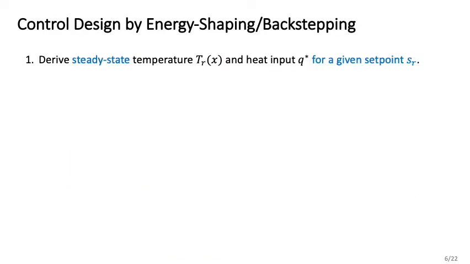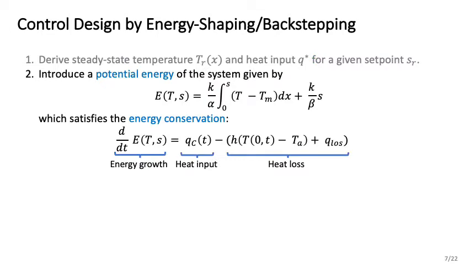We approach this problem by the method of energy shaping and backstepping. First, we derive a steady-state temperature profile and the heat input for a given set point position SR analytically. Then we introduce the potential energy of the system given by this formulation from a physics perspective.